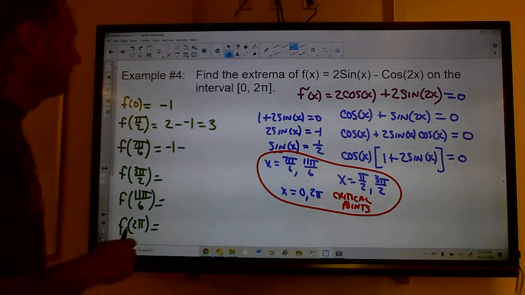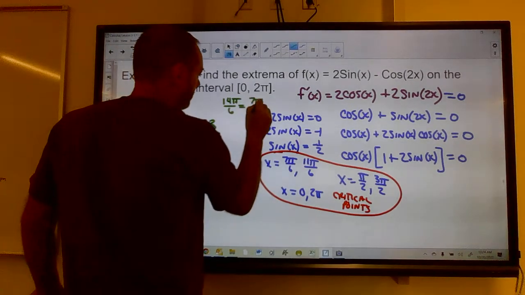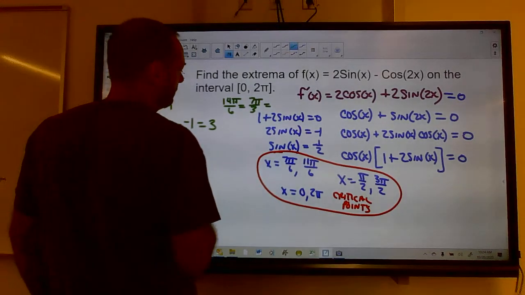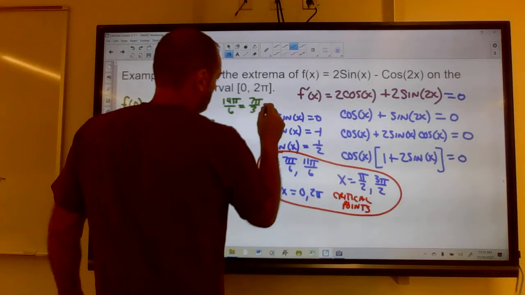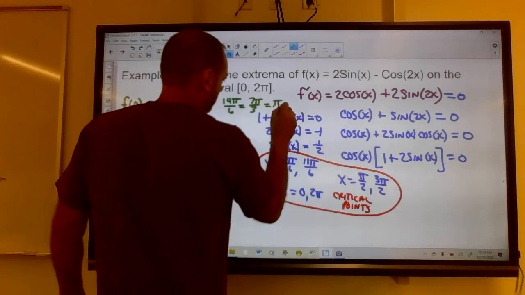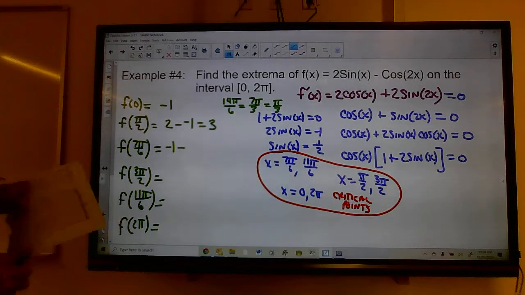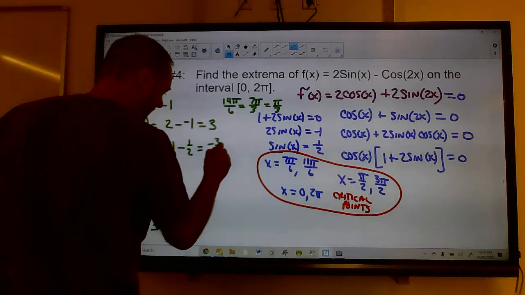That's going to be 7 pi over 3, which is going to be equal to pi over 3. Okay, so cosine of pi over 3 is going to be 1/2. So this is going to be negative 3/2 here.